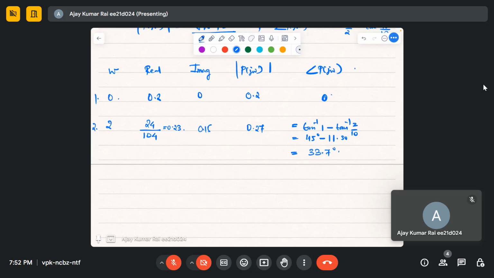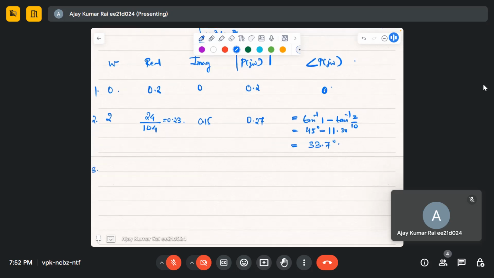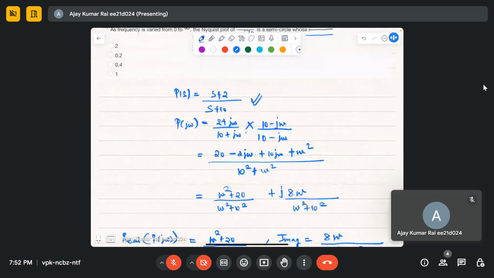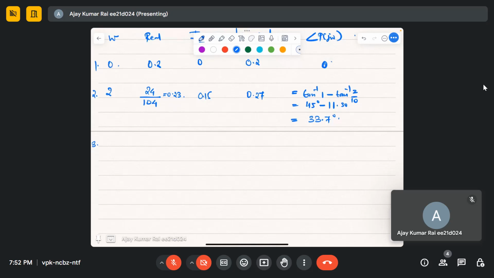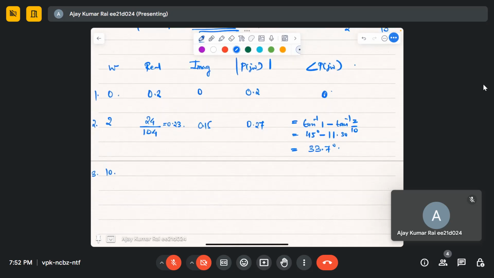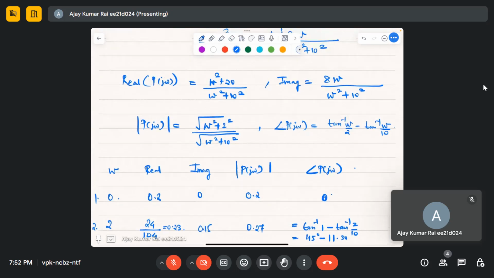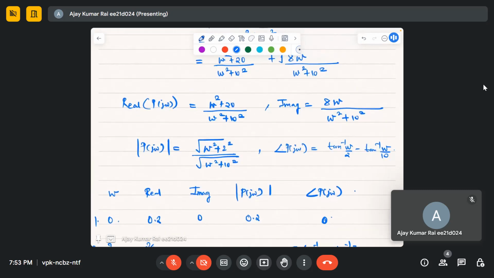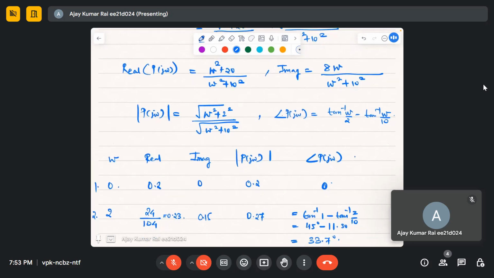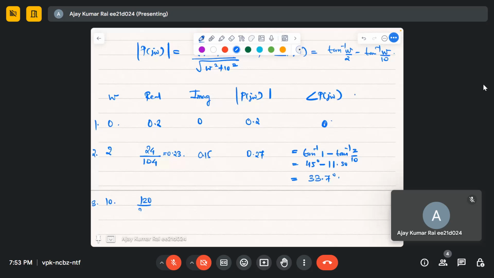Okay, I'm getting this. Let's take another point, where omega is equal to 10, the other corner frequency. What will you get at 10? Real part: 10 square plus 20, which is 120, and the denominator is 100 plus 100, 200.